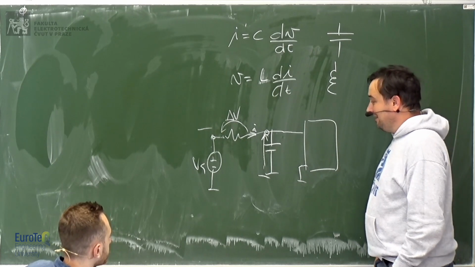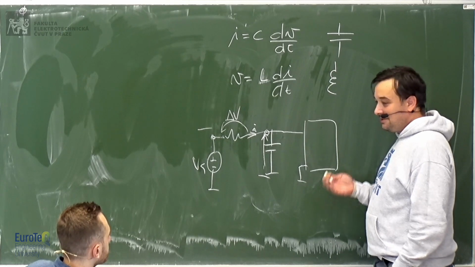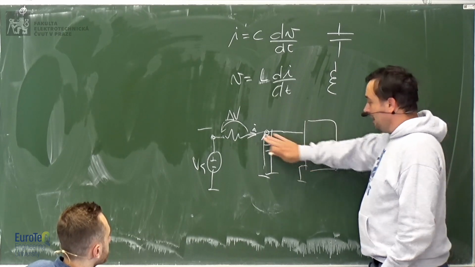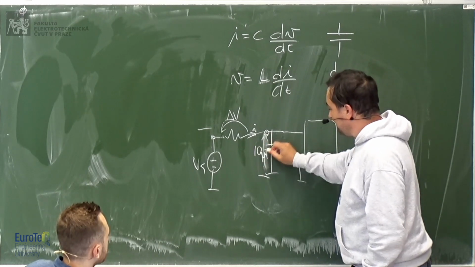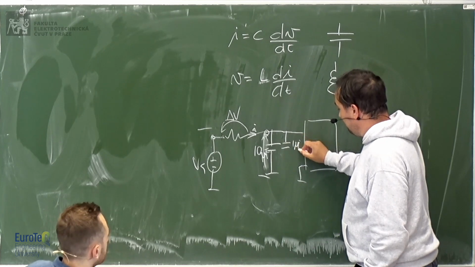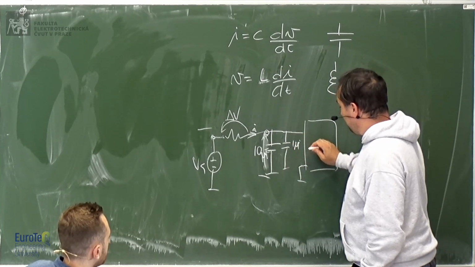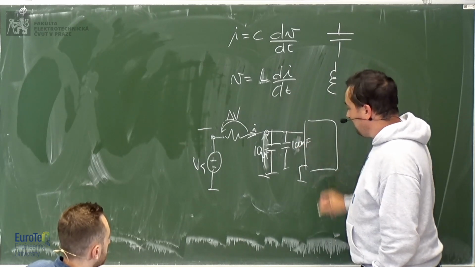One thing that when I was a young kid I didn't understand was watching these circuits with 10 microfarad, then 1 microfarad, or 100 nano, and so on. And I said, what the hell?